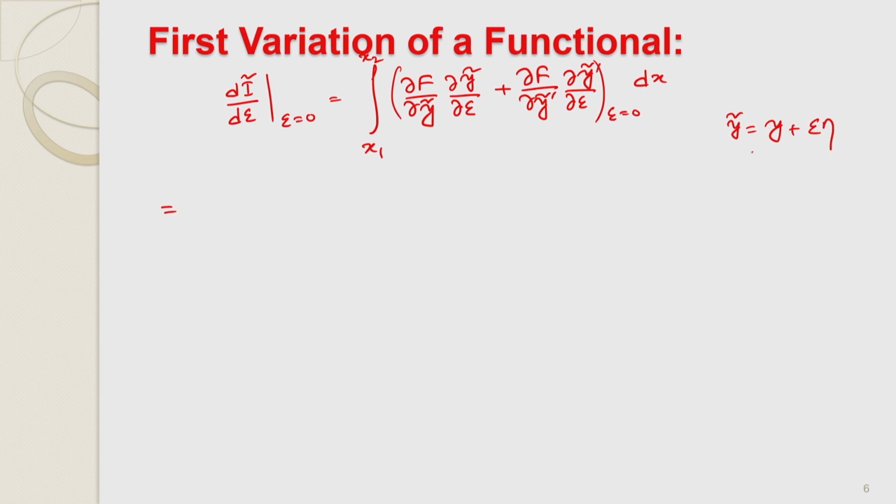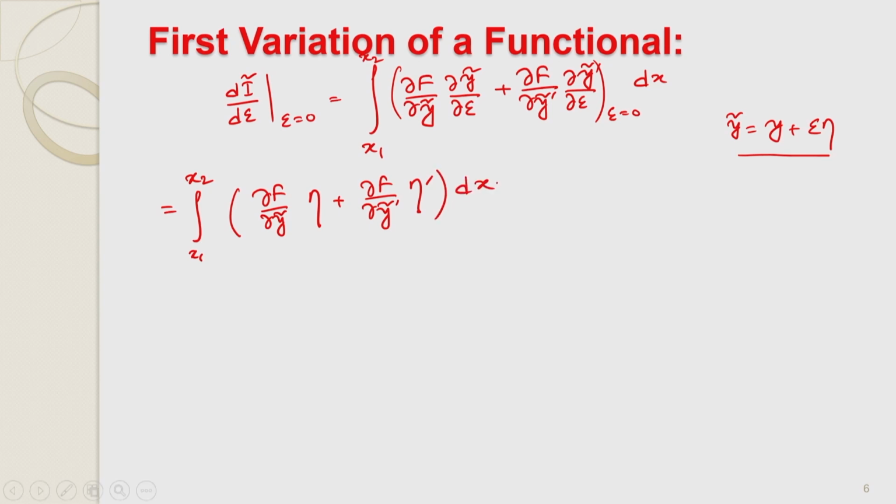So, if we use this relation here, we can write, now at epsilon equal to 0, y tilde is nothing but y.